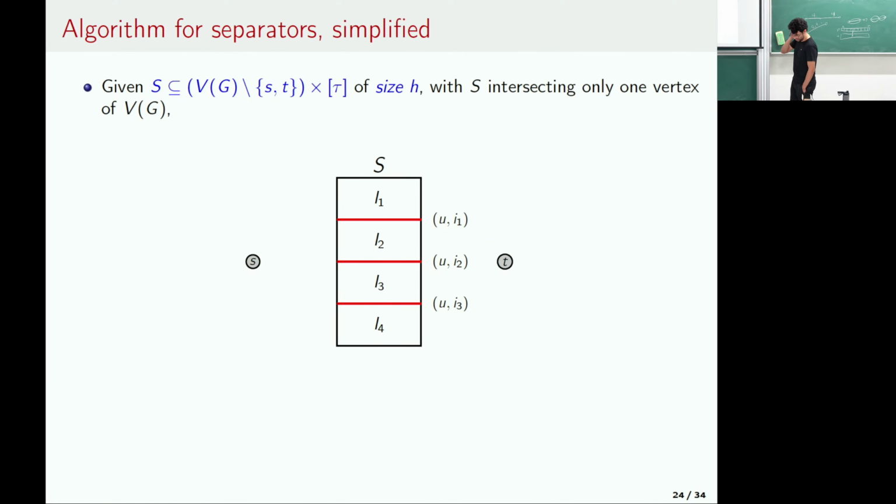So, as a simple example, I'm going to look at how to decide. I give you a set S, and I want to decide whether or not it is an ST temporal separator.